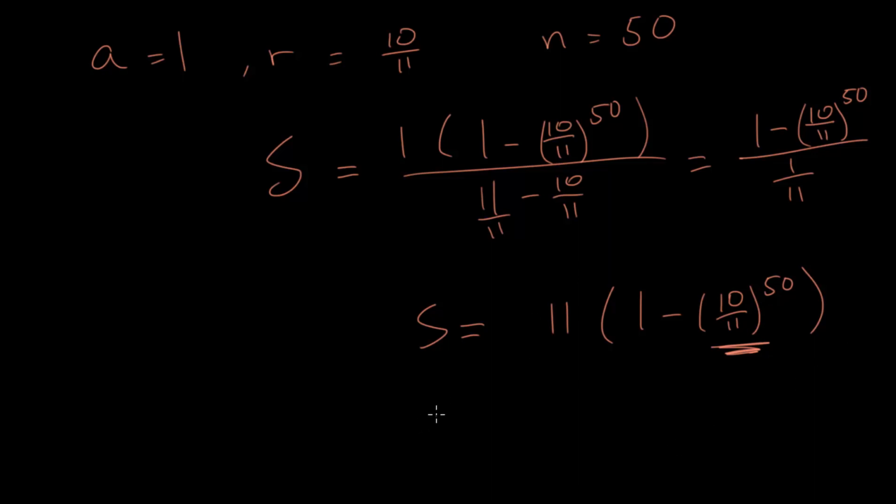So if we plug this into a calculator, what we get is that our sum here for the first 50 terms of that geometric series is 10.906 and so on. At some point, the calculator rounds this, so let's just round it to the hundredths place. We can call this 10.91. So this right here is our approximate answer.